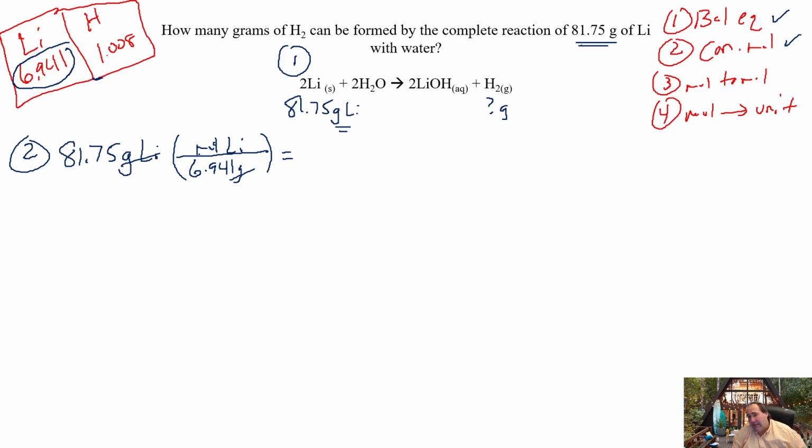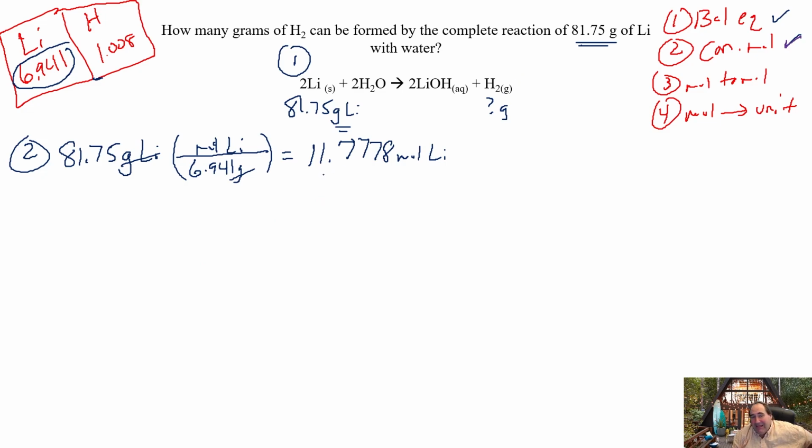Again, you don't necessarily have to get an answer at this point, but if you did, try not to round too much. So if we did get an answer at this point, it's going to be something like 11.7778 moles of lithium. Once again, I'm going to take it to a few extra digits. I'm going to really just keep the whole number in my calculator as I go through this. But we now successfully have done step number 2.